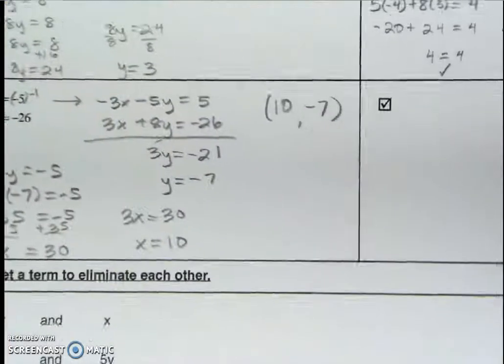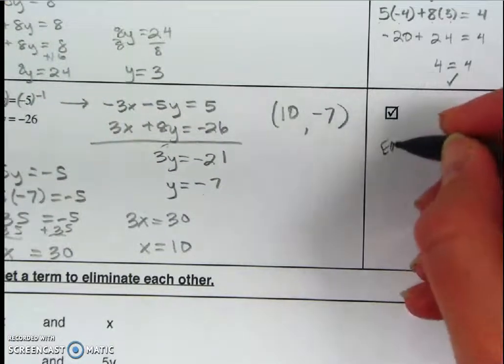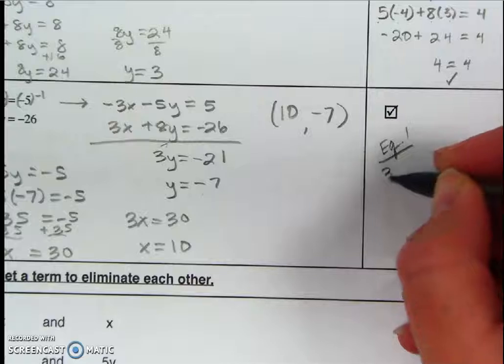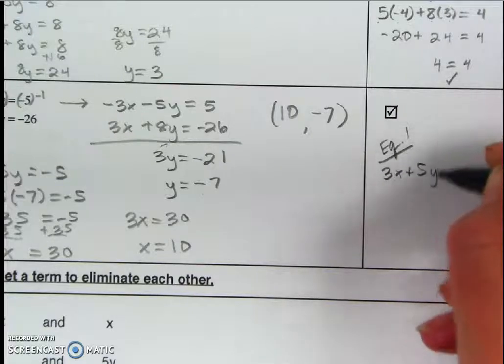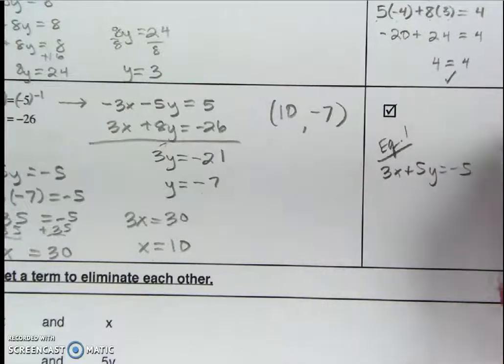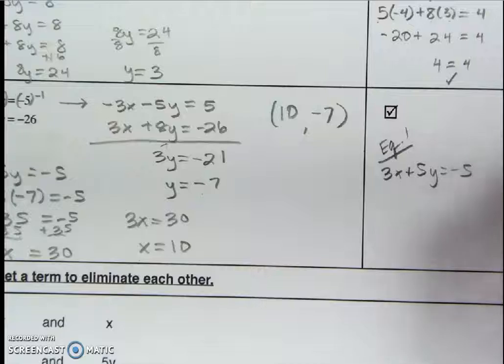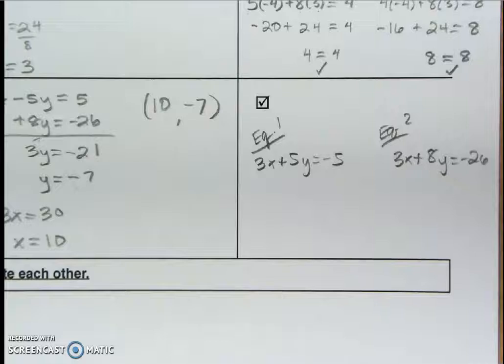I'm going to check it in both equations over here. Equation 1 was 3x plus 5y equals -5. Equation number 2 was 3x plus 8y equals -26. Don't mind that bell.